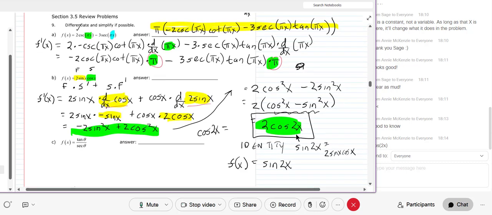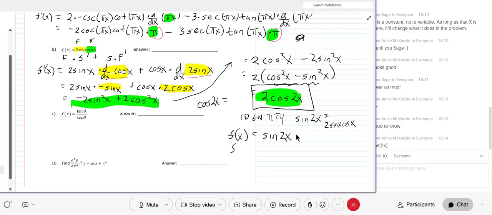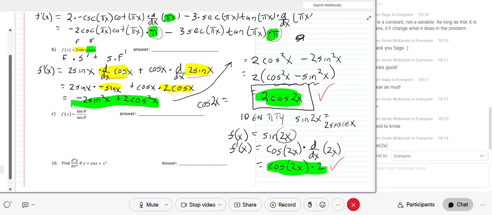Now if you do the derivative of sine 2x, the derivative of a sine is a cosine, and then you have to do the derivative of the inside part, the derivative of 2x. So that results in cosine 2x times 2, and notice that gives exactly the same answer right there. That is two ways to do that problem.